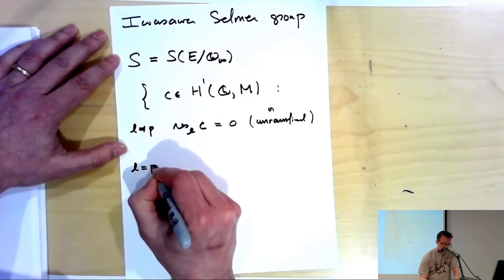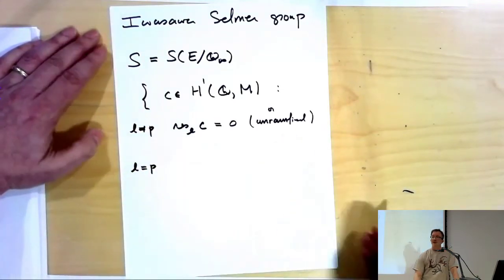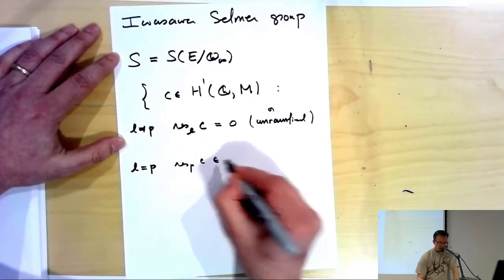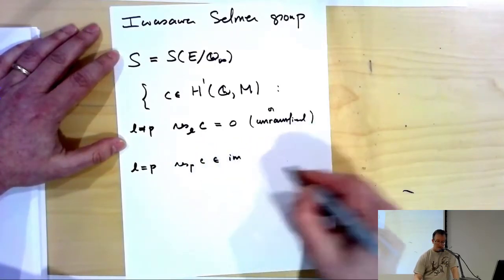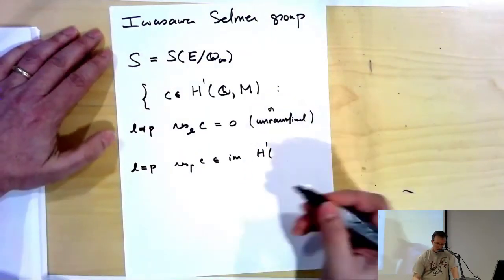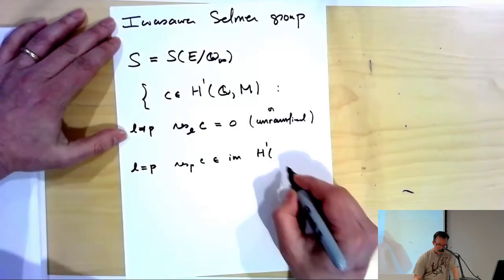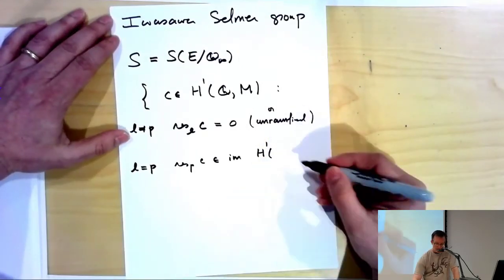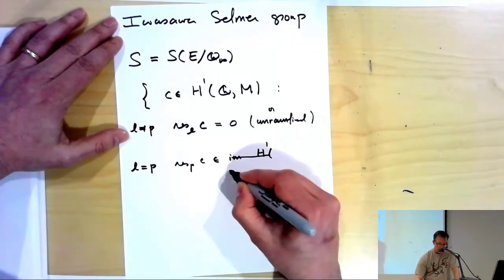And for L equals P, you already know what it's going to be: the restriction at P essentially belongs to the image of some map. So in this case, maybe I'll define it in terms of the kernel.